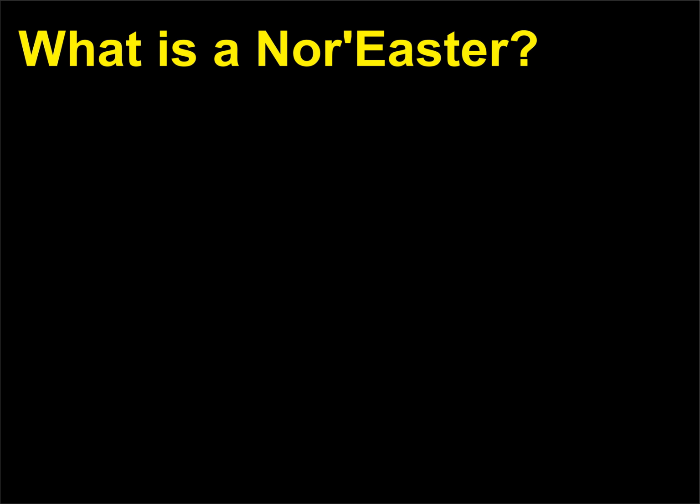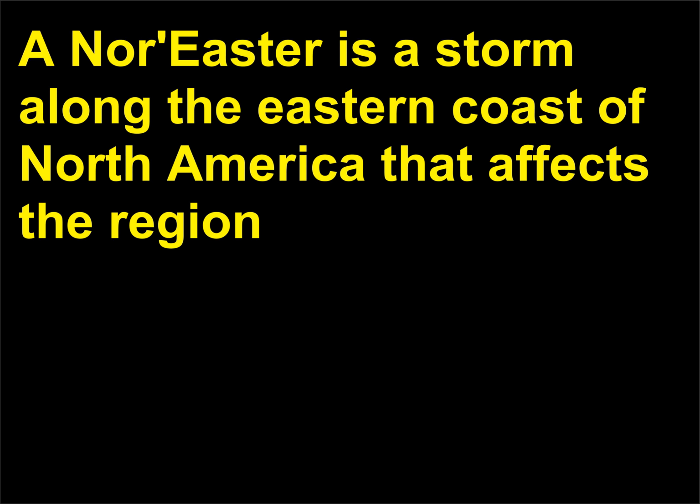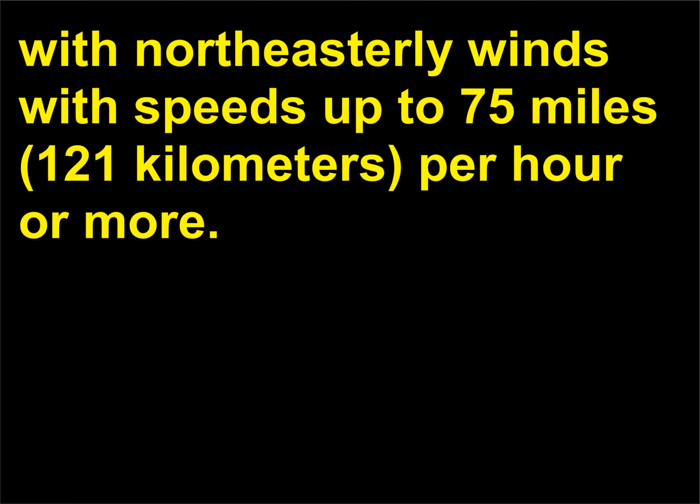What is a nor'easter? A nor'easter is a storm along the eastern coast of North America that affects the region, with northeasterly winds with speeds up to 75 miles, 121 kilometers, per hour or more.